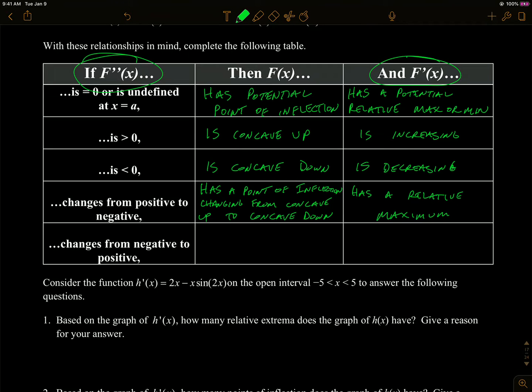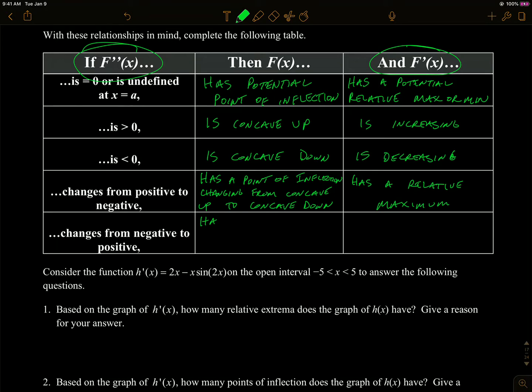When the second derivative changes from negative to positive, it's the same idea, but vice versa. So f has a point of inflection changing from concave down to concave up, and then f prime of x has a relative minimum.